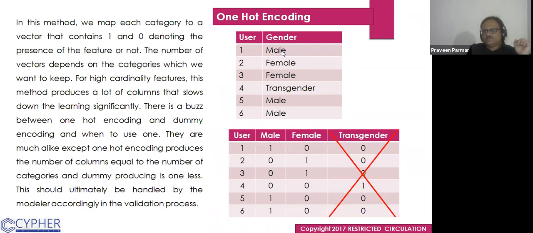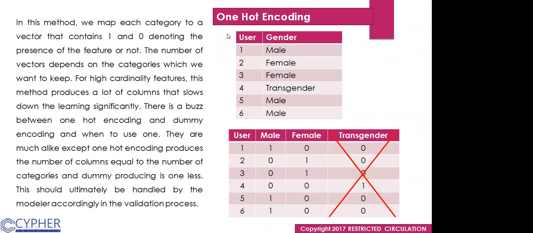We make one column for male, one column for female, and a third column for transgender. Why I have made the cross, I will explain later on. So if someone is male, the male column will be 1, the female column 0, and the transgender column 0. Does that make sense to everyone? This is the one hot encoding.